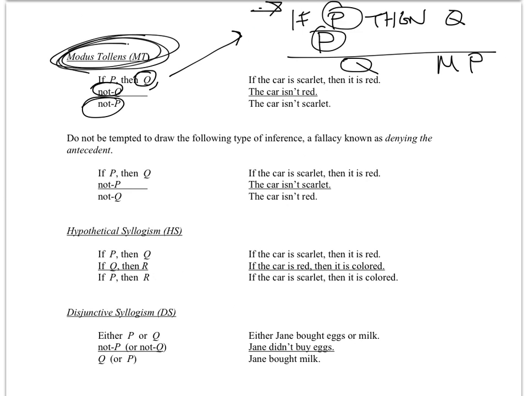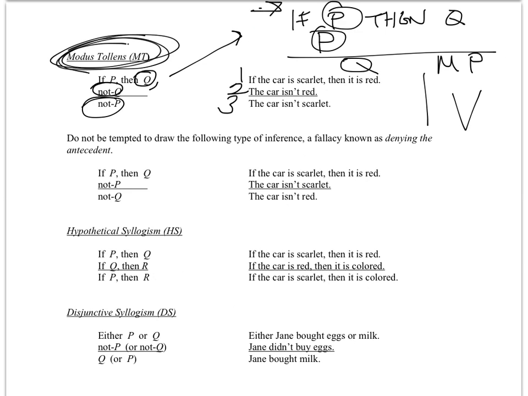So to use the same statement as before, first premise, if the car is scarlet, then it's red. Second premise, let's say that the car isn't red, let's say it's blue, then it's certainly going to follow that it's not scarlet. This is going to be logically guaranteed given these two premises, and this is a valid argument.